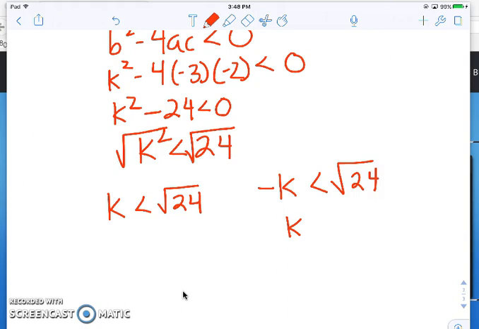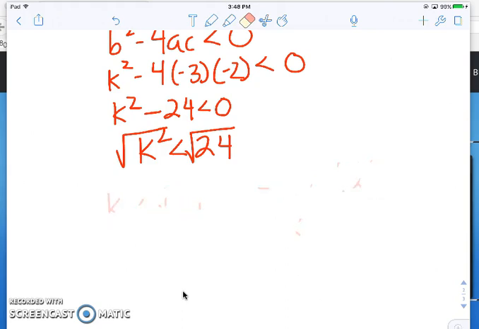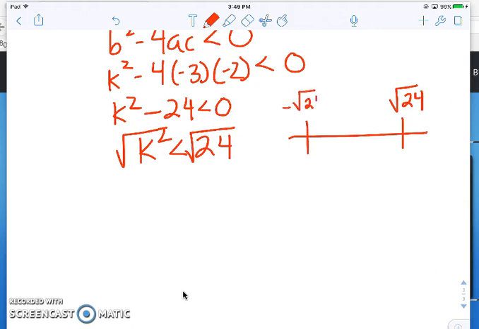Let's see, divide by negative 1. Wait, I thought about that backwards. Hold on a second. Let's back this up here. So let's think about this kind of like on a number line maybe. k needs to be less than the square root of 24. So we got the square root of 24, but we also are going to have negative square root of 24.